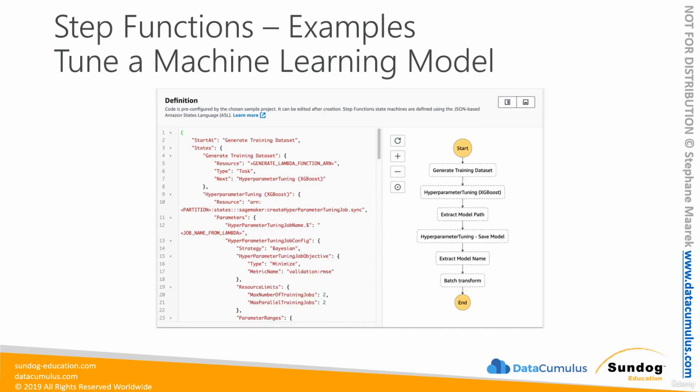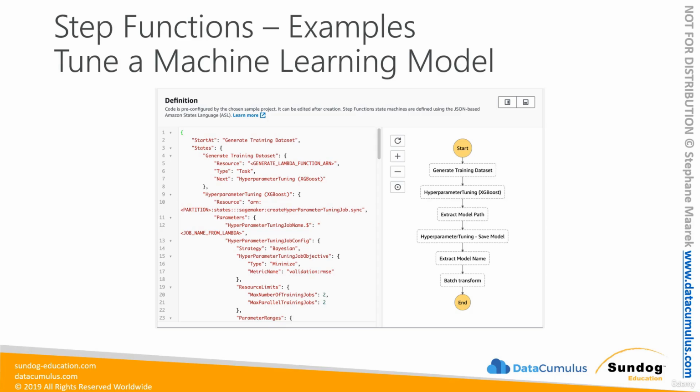We can also use it to tune a machine learning model. So in this example, we're generating a training data set, and then we're going to kick off a hyperparameter tuning job in SageMaker that just tries different parameters on the machine learning model to figure out what the right set of parameters are for this given data set. When it's done, it extracts that model path, and then it saves the tuned model that it settled on.